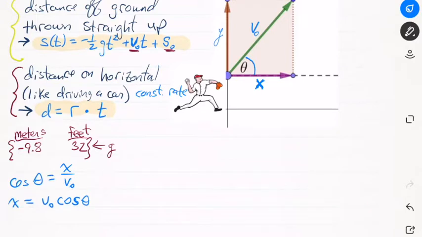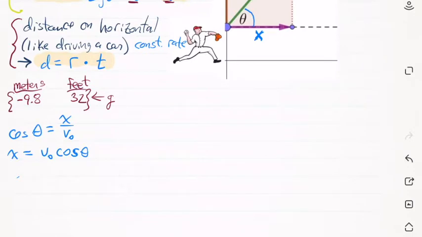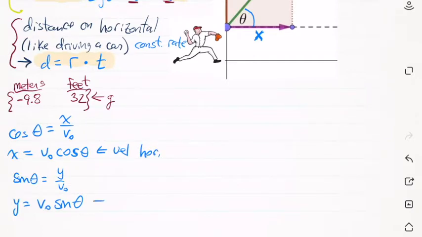And since this is a rectangle, because vertical and horizontal are at right angles, this side also must be y. So the y component is going to be opposite over hypotenuse, so sine of theta is equal to y over v sub 0, and therefore the y component is going to be v sub 0 sine of theta. So this is the velocity horizontally. This is the velocity vertically.